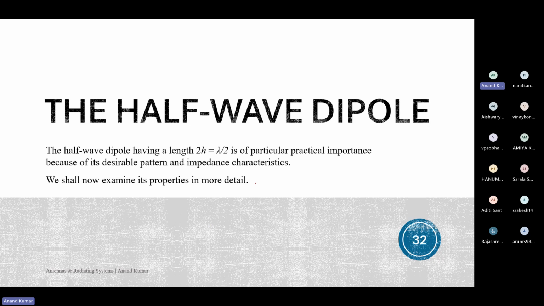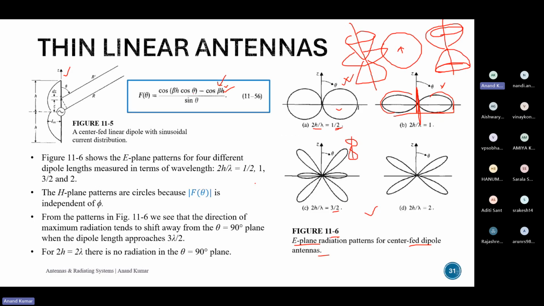So we have done a general derivation for thin linear antennas. Now we'll move towards half dipoles. If there are questions, we can take them now, or we'll move to the next topic. We have two more topics to cover: the half dipole and the effective length.